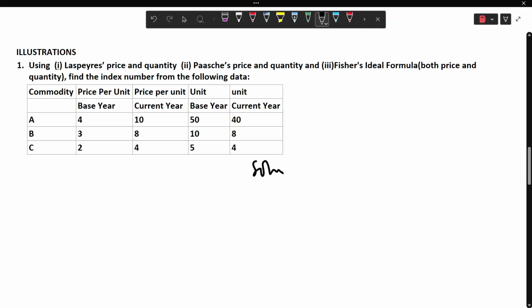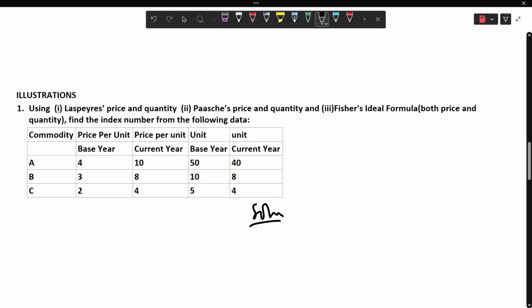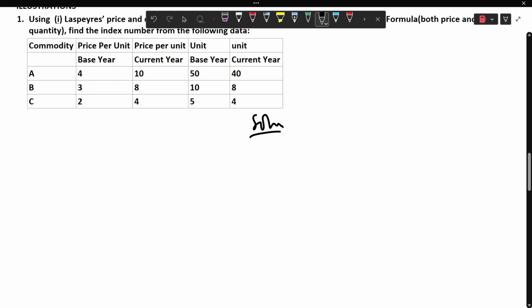Let's dive into solving it. So now let's pick the Laspeyres price and quantity. Before then, let's create a table to simplify the calculation.